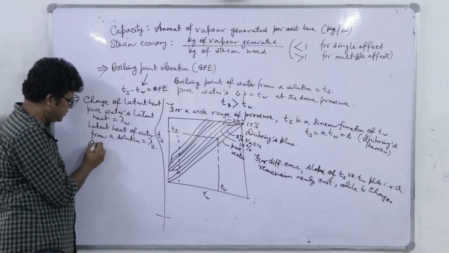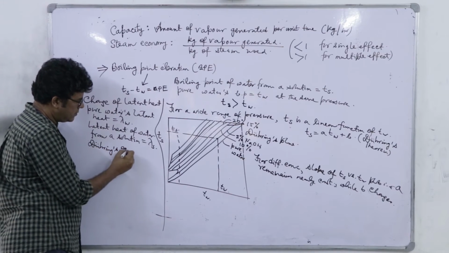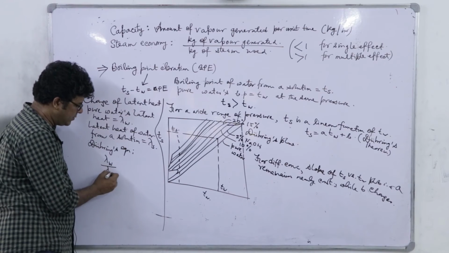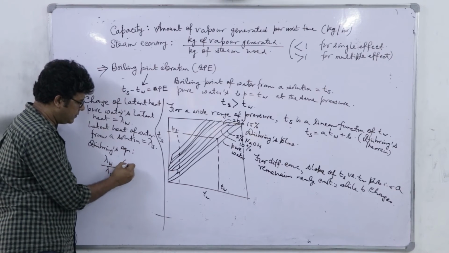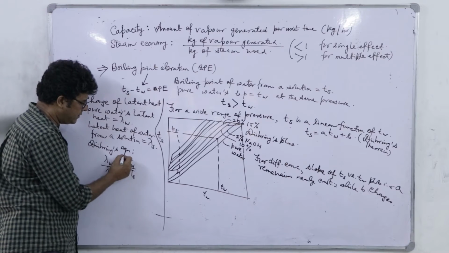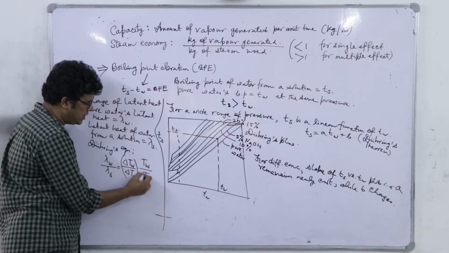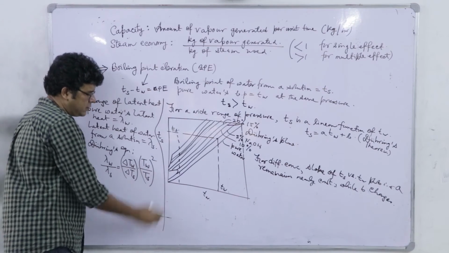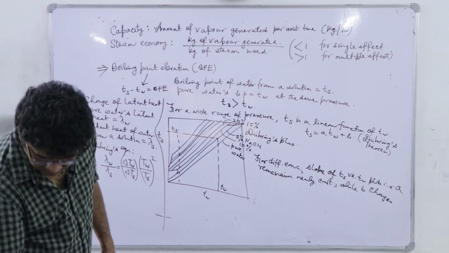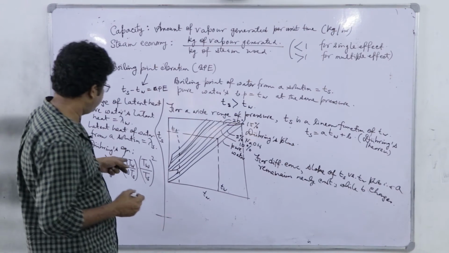This is known as Duhring's equation. What does it state? Lambda W divided by lambda S is equal to delta TW divided by delta TS, into capital TW by capital TS, whole square, right. So this is referred to as Duhring's equation, okay.